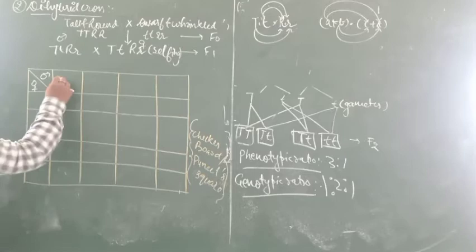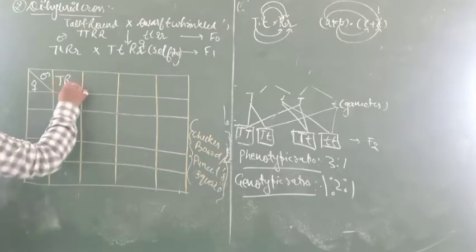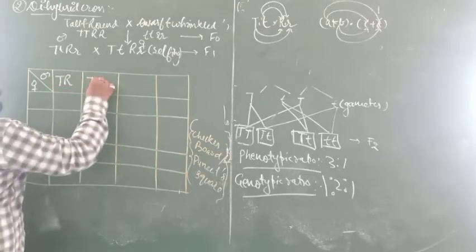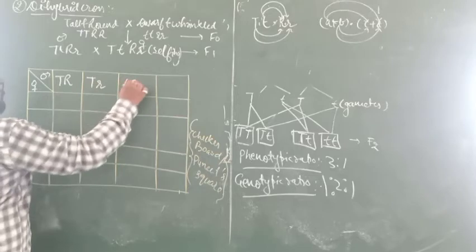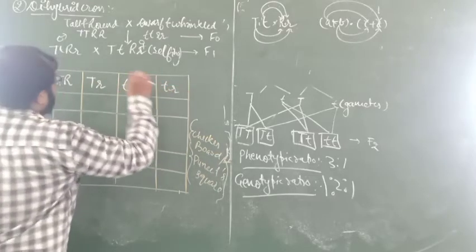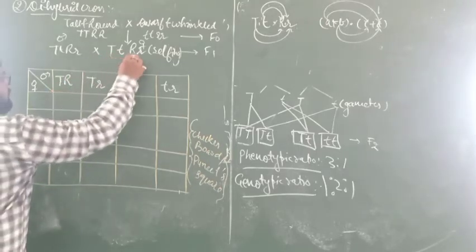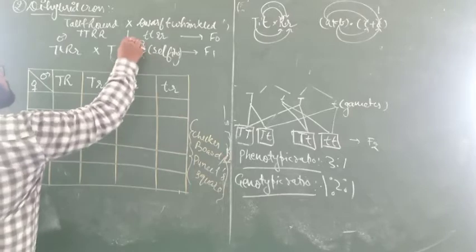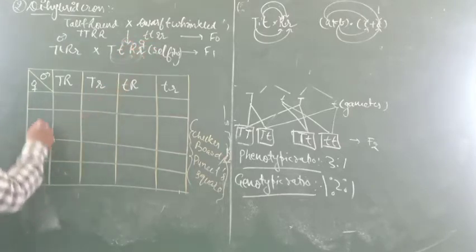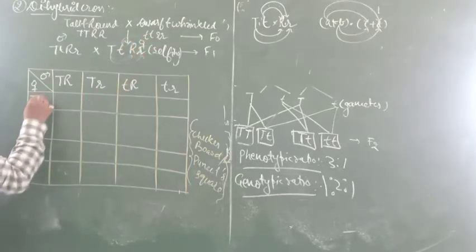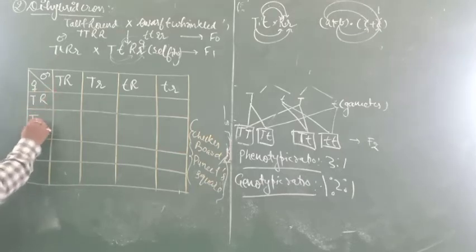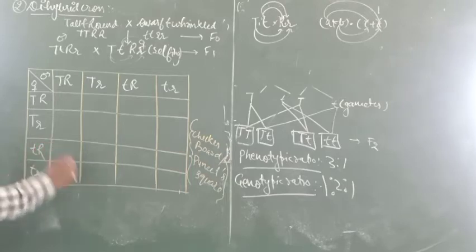So in the male gametes we will write capital T capital R, capital T small r, small t capital R, small t small r. 4 gametes are there. The same for the female: capital T capital R, capital T small r, small t capital R, small t small r. So these are the gametes.